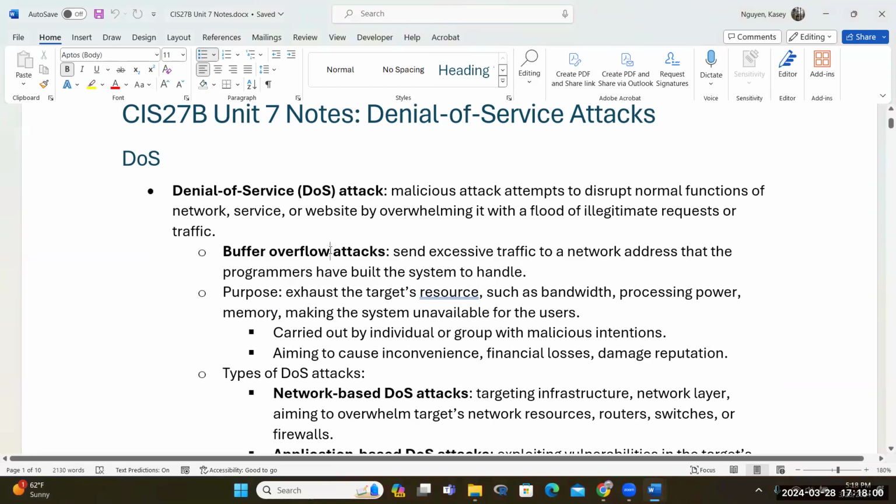Do you guys know what a buffer is in a server system? It's just a location of storage where it handles a lot of the temporary storage. So how does a computer know what is being requested? It stores it in, think of it like, a list of queues, like you getting in line. If I have a really long line, it's going to take the system a long time to handle.